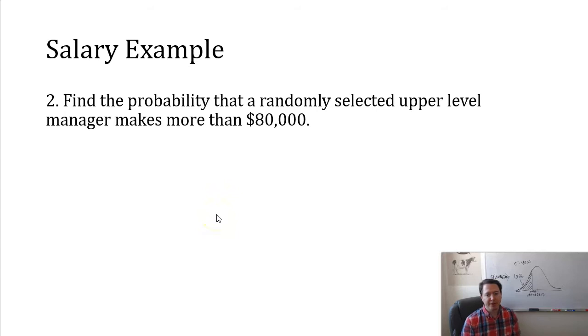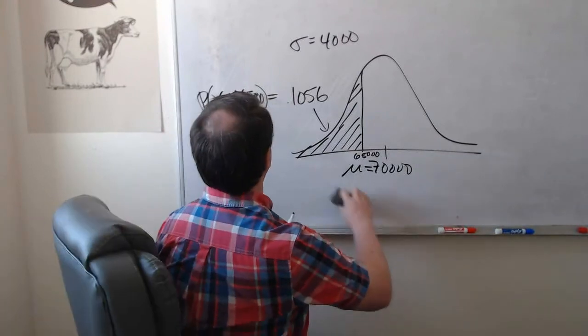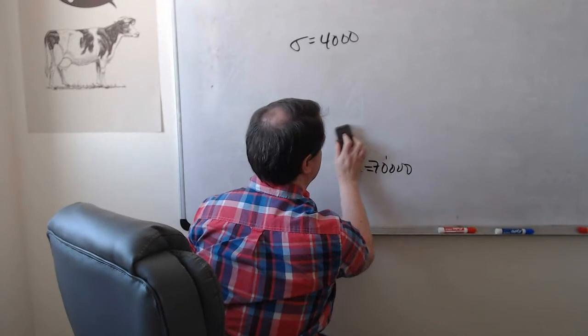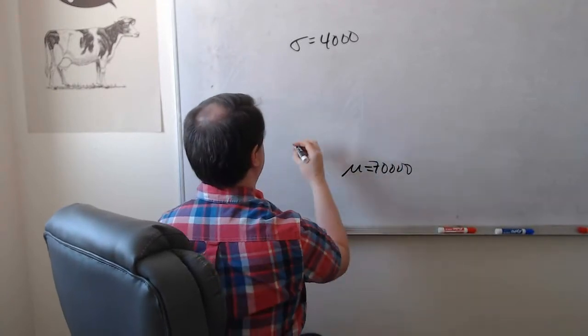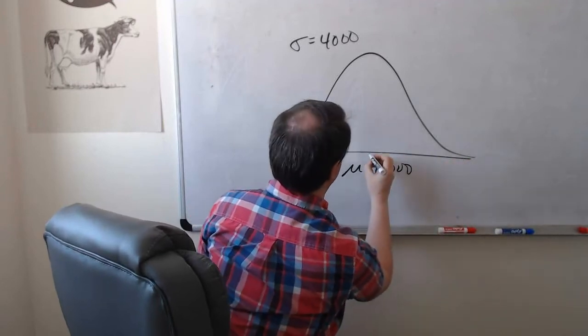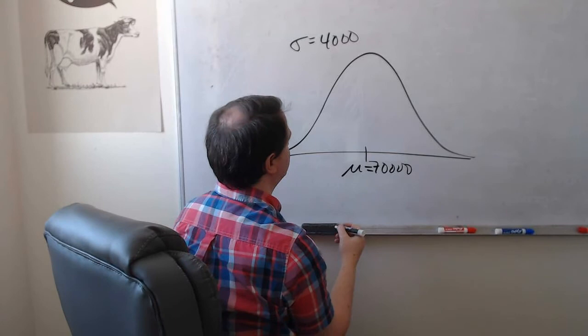Find the probability that we've got one of these managers that makes more than 80,000. Okay, well that'll look different. More than 80,000. Okay. So our mean is still in that same place, $70,000.